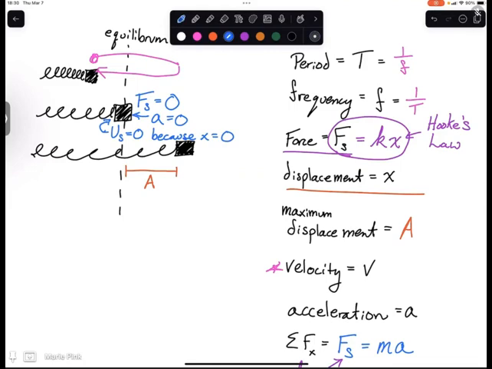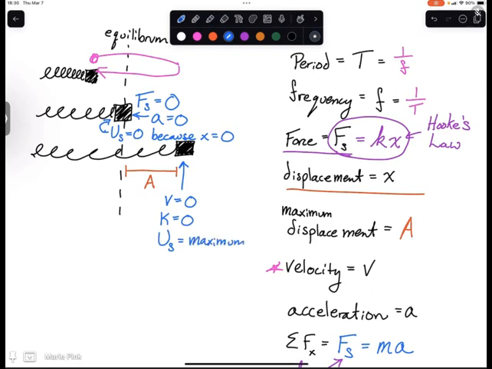And by the same token, then, at this maximum position, this is where our velocity is 0 because it is not moving any farther to the right. It hasn't started moving to the left, so our velocity is 0. And our spring is stretched the most. So that means that, yes, our kinetic energy is 0, but our spring potential energy is at its maximum.